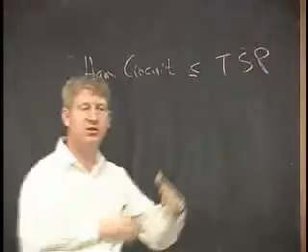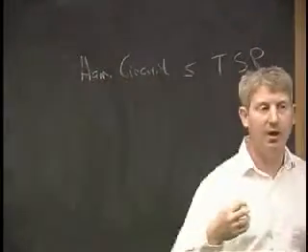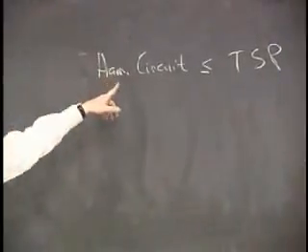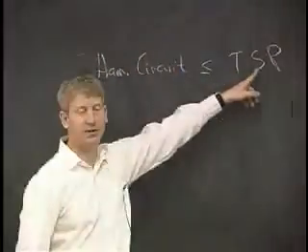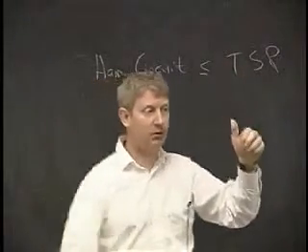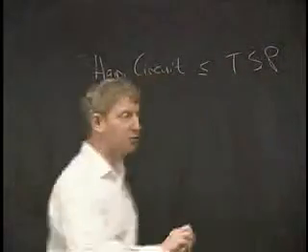Anytime you have a problem which is a general case of another problem, then the reduction is almost automatic. Here's the reduction. You're given a graph. How do you turn it into a traveling salesman problem? Traveling salesman problem needs a graph and a bound to try to get better than that bound. So here's what we'll do.